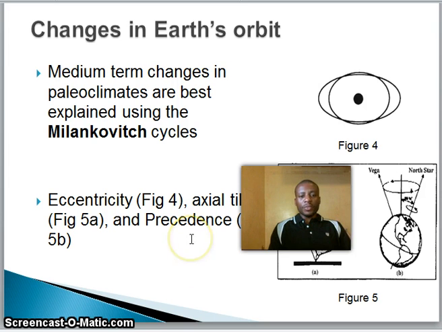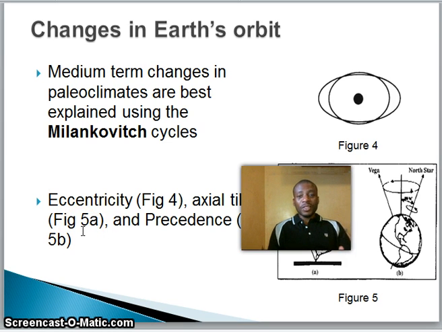He also talked about precession, where the Earth's axis changes orientation as it rotates and revolves around the Sun, in the form of a wobble. So he said that this cyclic phenomenon of the Earth as it rotates and revolves around the Sun, with these three factors, could also account for paleoclimates.